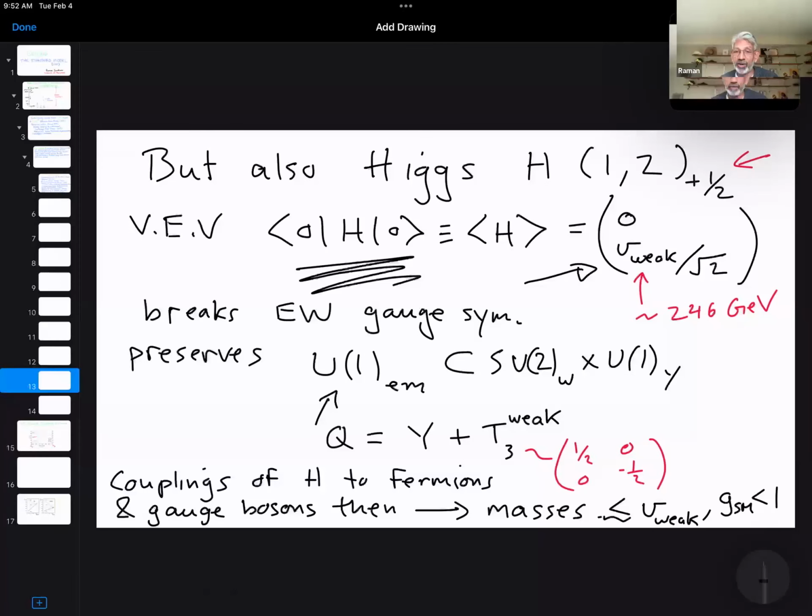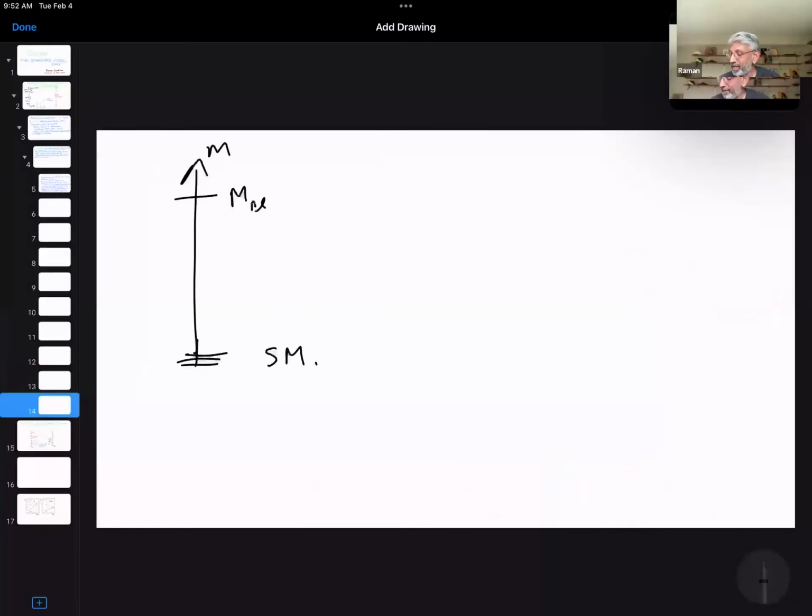And so you generate masses which are G standard model times the weak scale, which could be as big as the weak scale, for example, in the case of the top quark, or really tiny like the electron mass. But in that sense, we understand that everybody is capped by the weak scale.